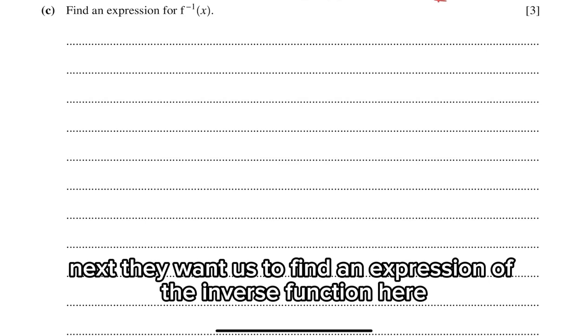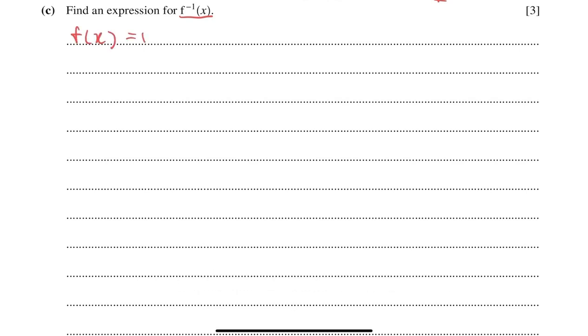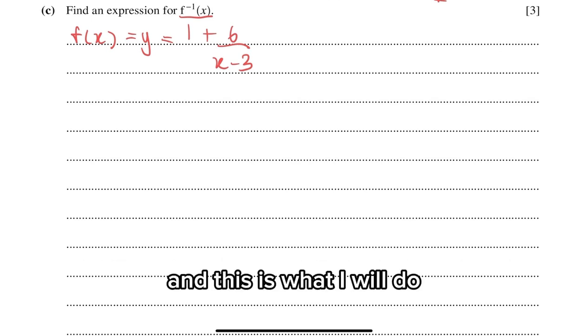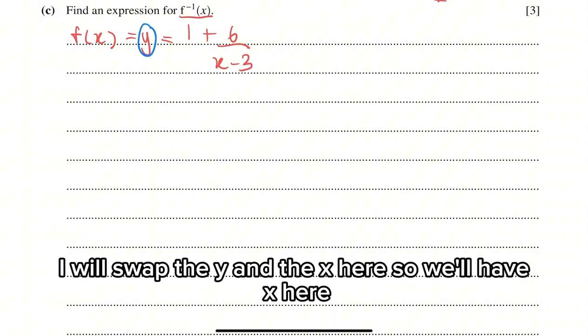Next, they want us to find an expression of the inverse function here. So we know that our function is equal to y, which is equal to 1 plus 6 over x minus 3. And this is what I will do when I'm trying to find the inverse function. I will swap the y and the x here.